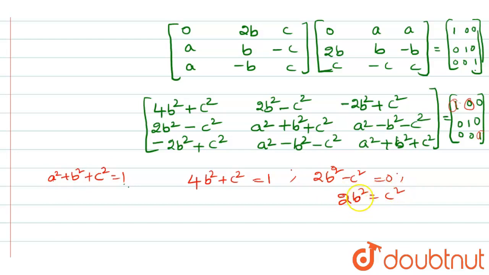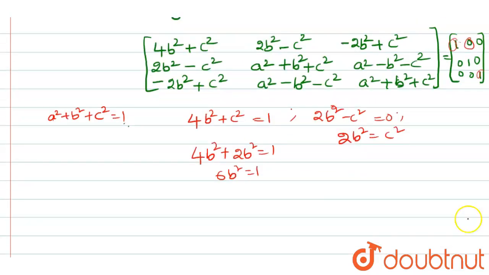In place of c square, write 2b square. So we get 4b square plus 2b square equals 1, so 6b square equals 1. Then b square equals 1 by 6, and b equals plus or minus 1 by root 6.